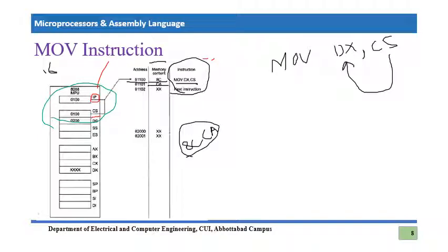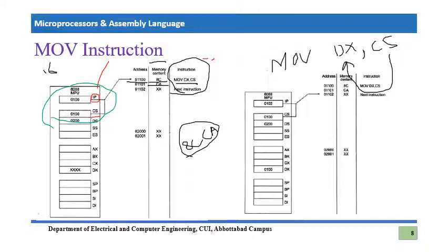So let's see what happened after the execution of this instruction. Look, that is 0100, the value of CS, and that has been copied here in DX. That's what I wanted to show.